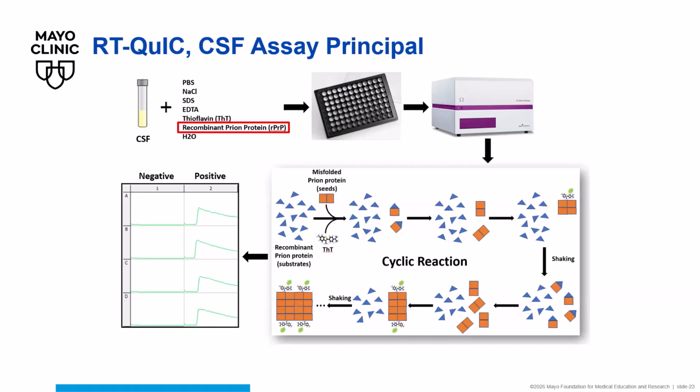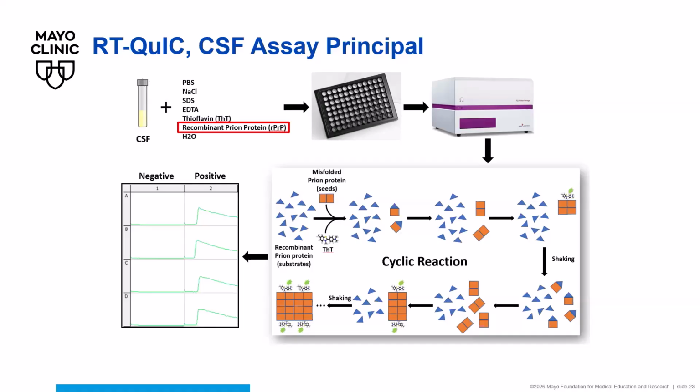Any misfolded protein present in the CSF can convert the recombinant protein substrate into the misfolded form, and then undergo a cyclical exponential reaction.